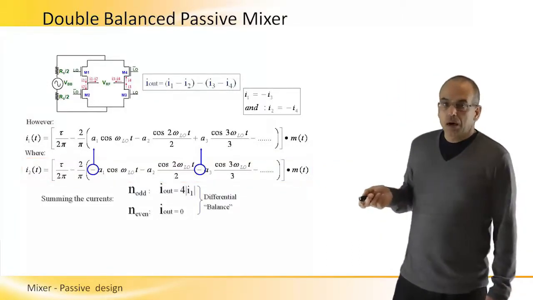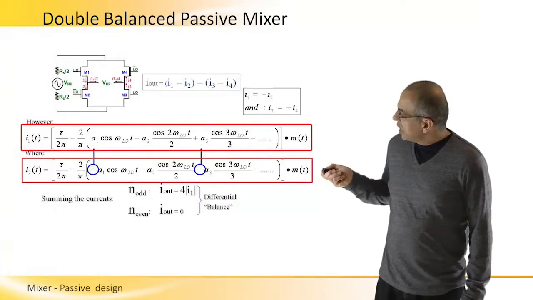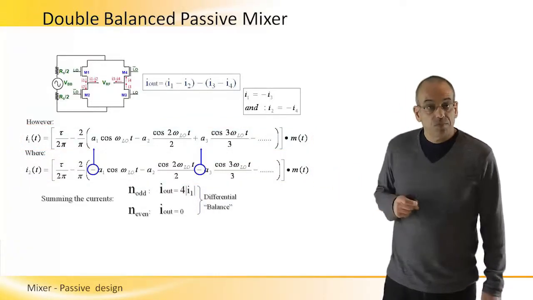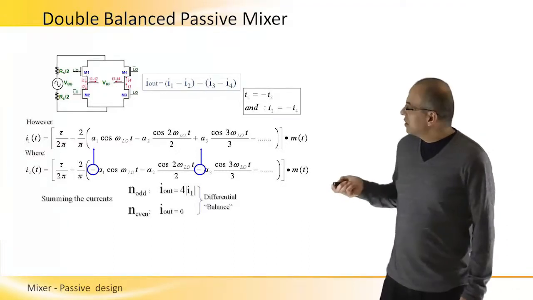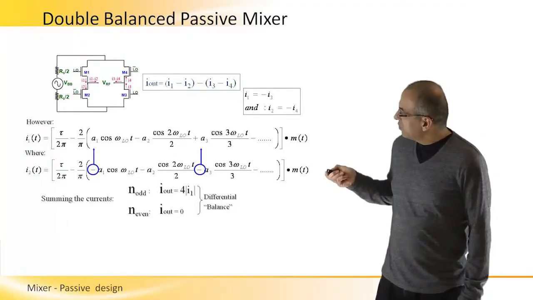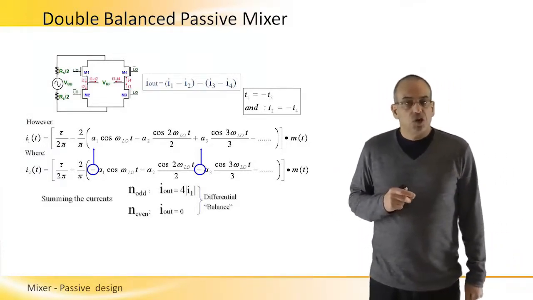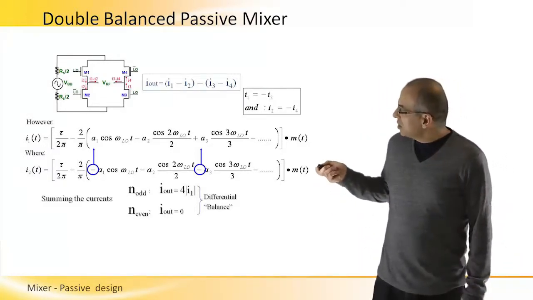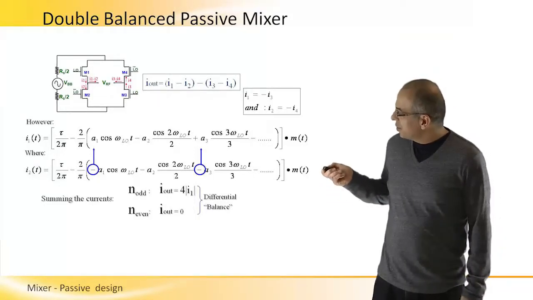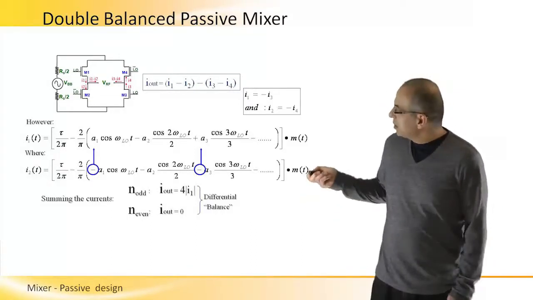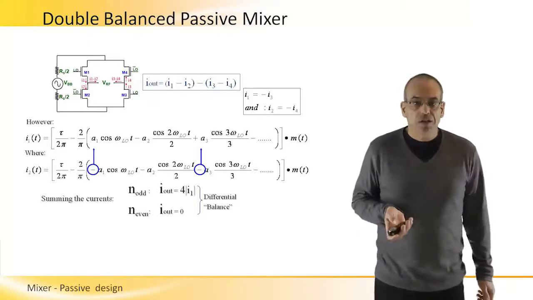So we have different signs between I1 and I2 on the odd frequencies, and the same sign, negative, for the even frequencies. So when we subtract these two, theoretically we get rid of the even harmonics, while we are doubling the odd harmonics.